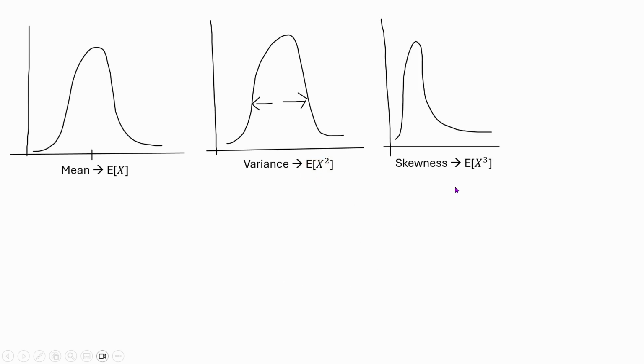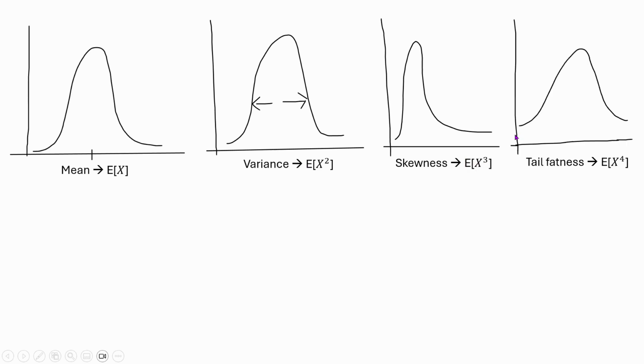Similarly, if you want to see how skewed your distribution is, for example, this distribution is right skewed. Now, obviously, a distribution can be more right skewed compared to another distribution, or it can be left skewed. If you want to measure that, you need this term, E[x cube]. Finally, if you want to measure the fatness of tail, for example, this tail here is not fat, but this tail right here, these tails are pretty fat.